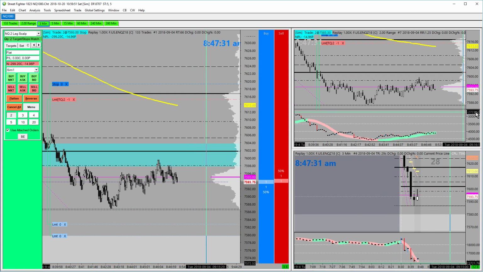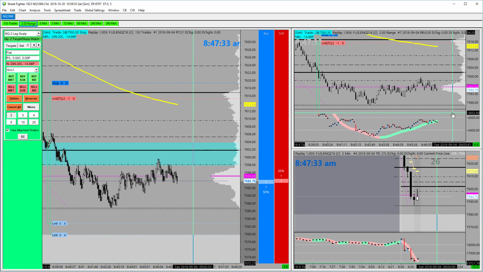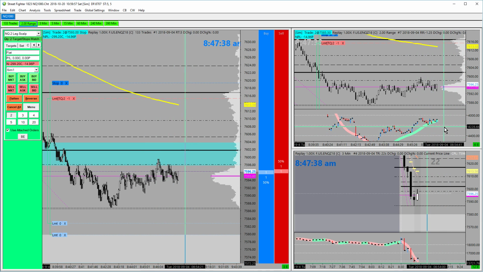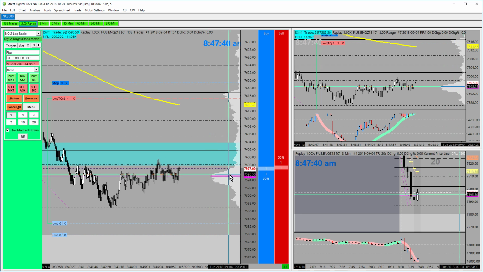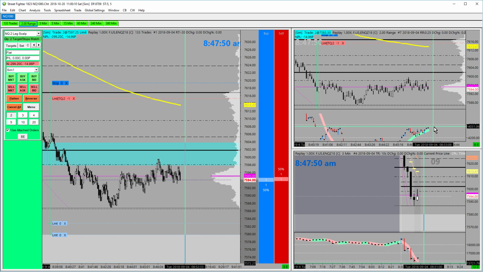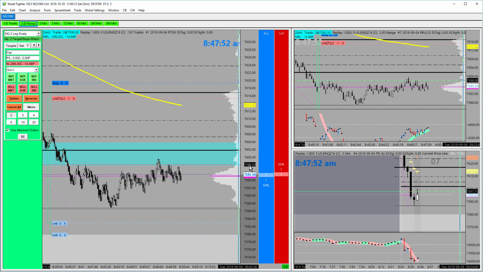We are starting to get a little bit of rolling here, a little bit of rolling on CD. 47. Okay, so still positive, still getting buying.